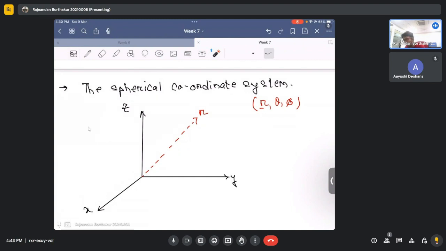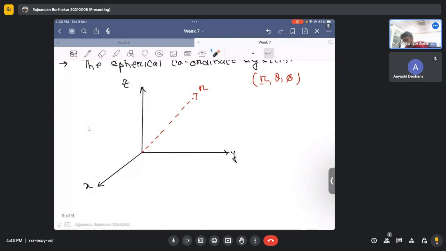So which one is theta basically? You can name any axis anything, but for the sake of convenience, we will name this angle as theta. That theta is basically the angle that the radius vector makes with the z-axis, in this sense.